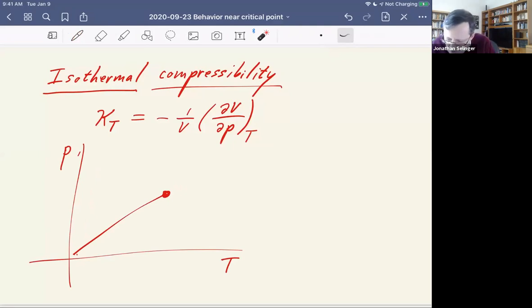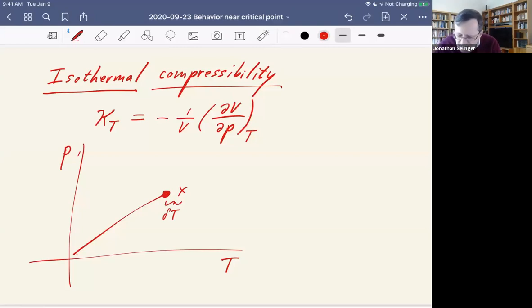Okay, so that means for the supercritical fluid at some temperature, delta T above the critical temperature, how big is that compressibility?